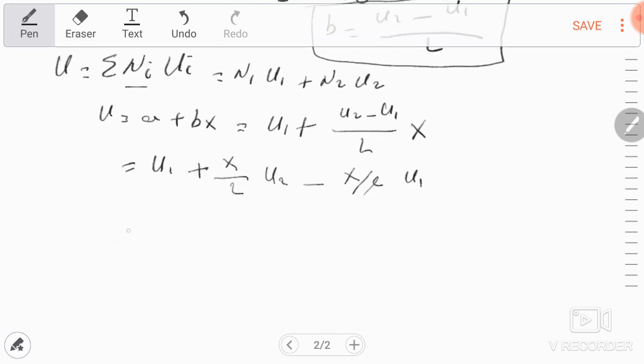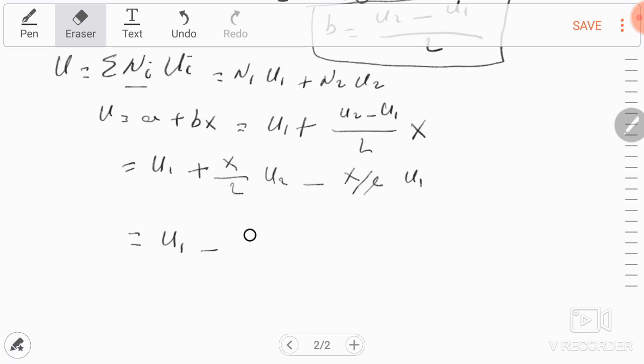Then to make it simple, I want to get an acceptable result.